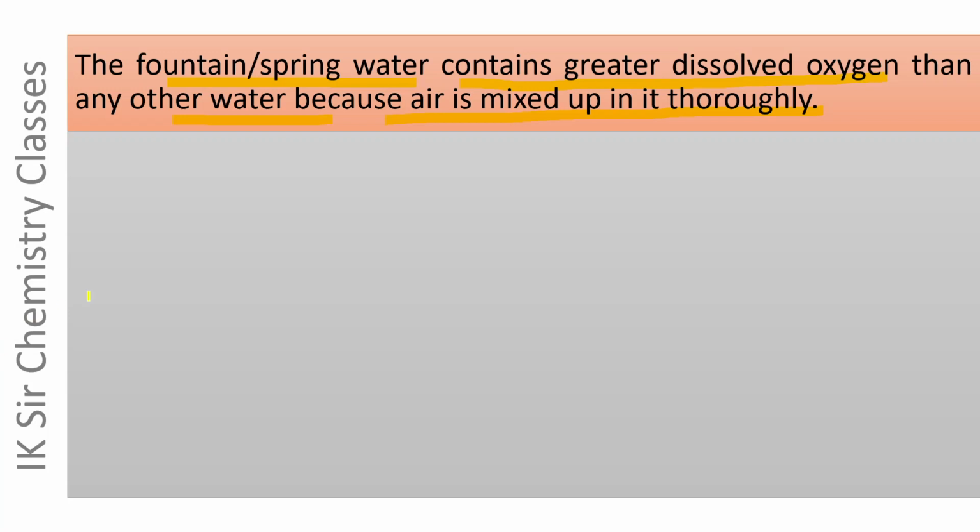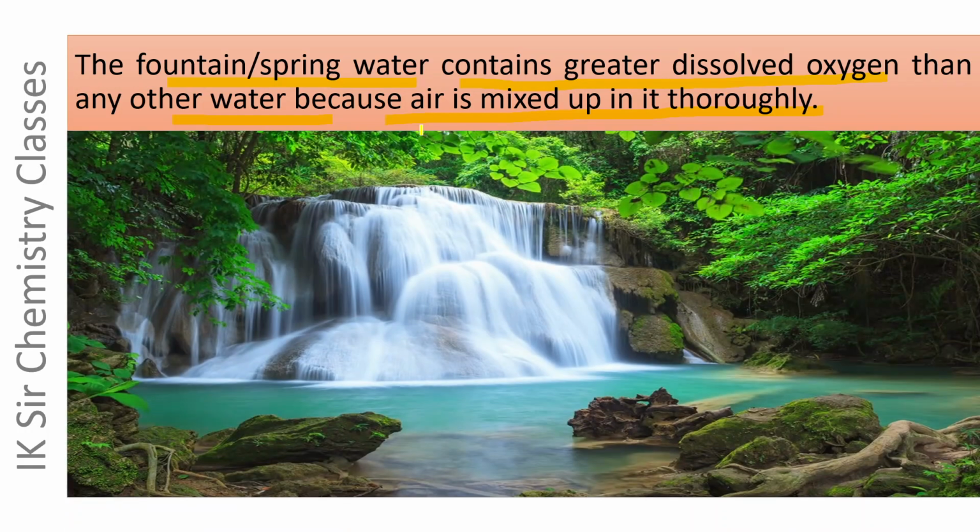During this process, air is mixed up thoroughly in water, and such water contains higher dissolved oxygen. This is a beautiful fountain in which water is falling from the top of a hill to its bottom. During this process, water is mixed up thoroughly with O2 and dissolved oxygen increases.